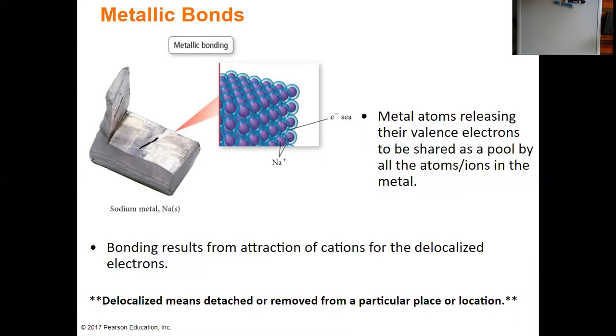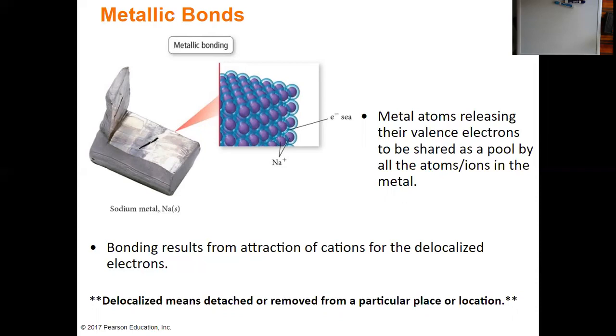It's very easy for metals to lose their electrons because of their low ionization energies. So the metal atoms are next to one another, and because of their low ionization energies, they lose their electrons. The electrons then organize themselves around an island of metal cations.